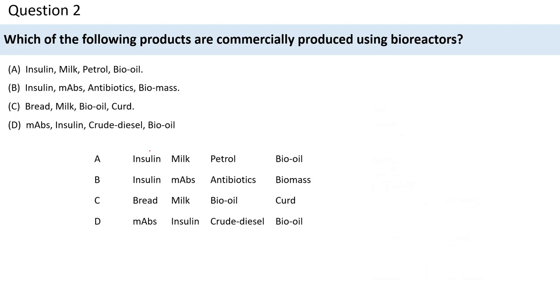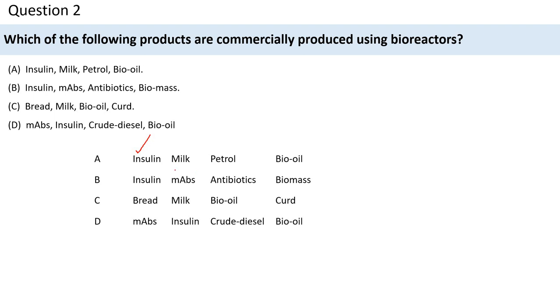Insulin. We have already studied that there are many recombinant cells being used in bioprocess industries to produce insulin as one of the major pharmaceutical products. So we can say yes, insulin is being commercially produced using bioreactors. Milk.